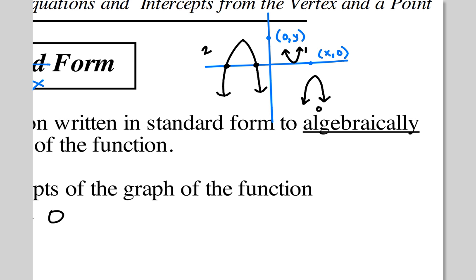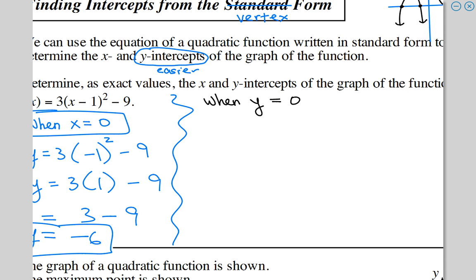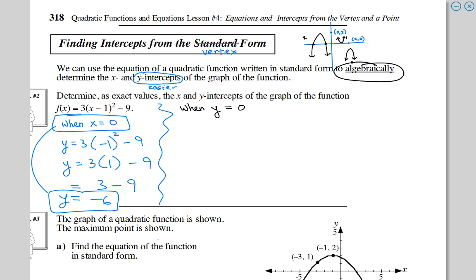All right. So let's take a look at what would happen algebraically, and that's the key here. Okay, so we've got to make the y 0. That means 0 equals 3(x minus 1) squared minus 9. This is an equation that looks challenging at first. Where's the unknown? Is it in the bracket?